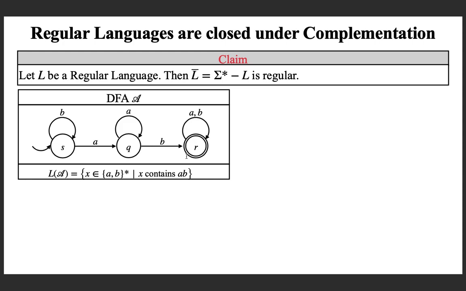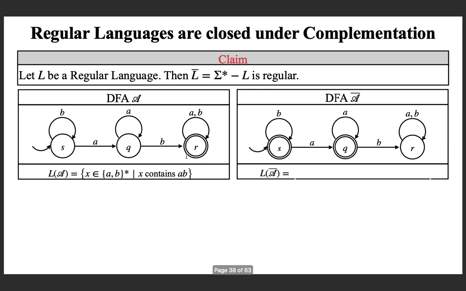Now, look at this DFA, A complement, which I obtained by just flipping the status of the final states. All the final states, here only one, in the given DFA are made non-final, and all the non-final states, here S and Q, are made final.